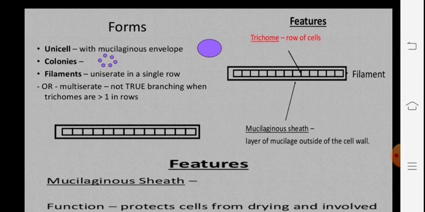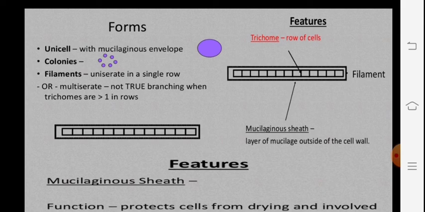Different forms of cyanophycean members are there: unicellular, filamentous, colonial. Unicellular forms, due to the mucilage, form a colony. Secondly, there are trichomes.